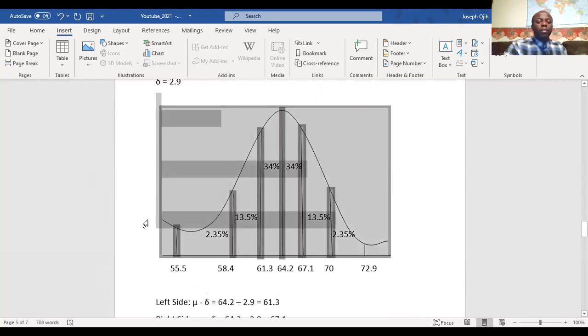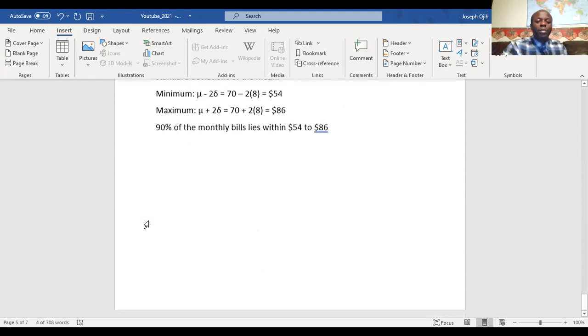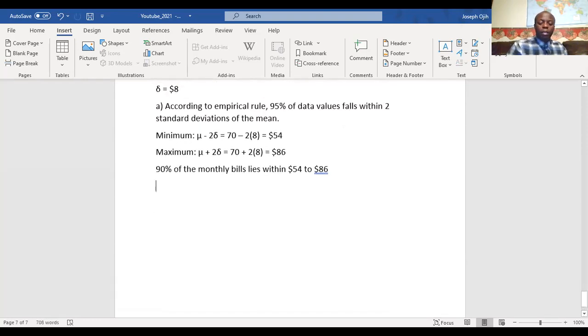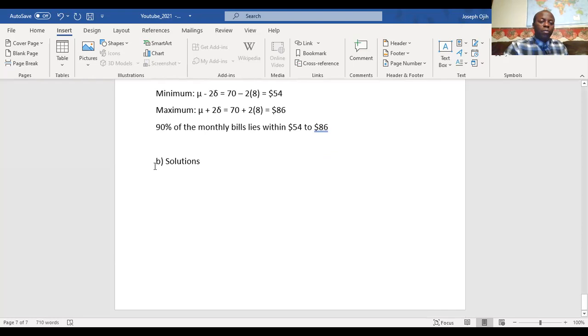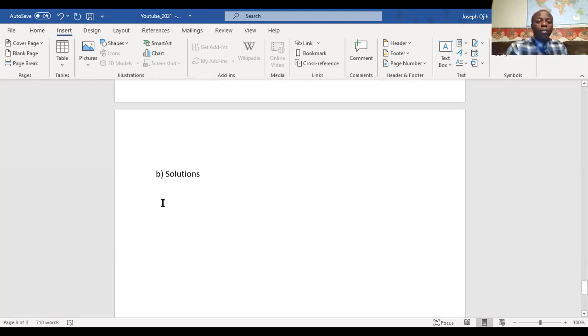Copy everything. Then paste it for part B. Part B, solution. So this page will not be enough, so I'm going to move it to the next page so I can have enough room to work.